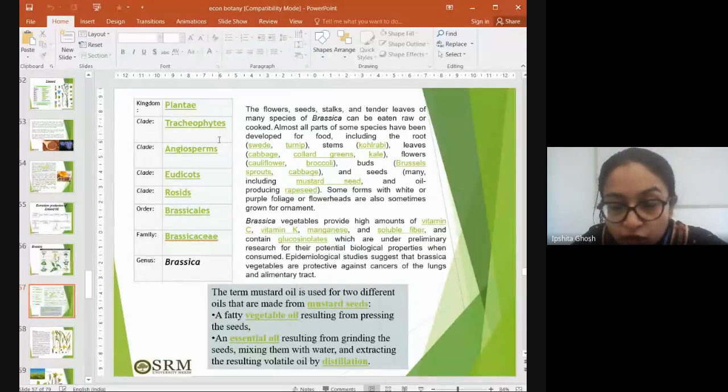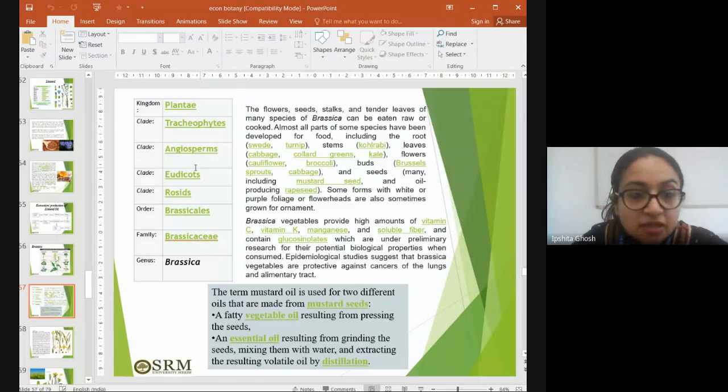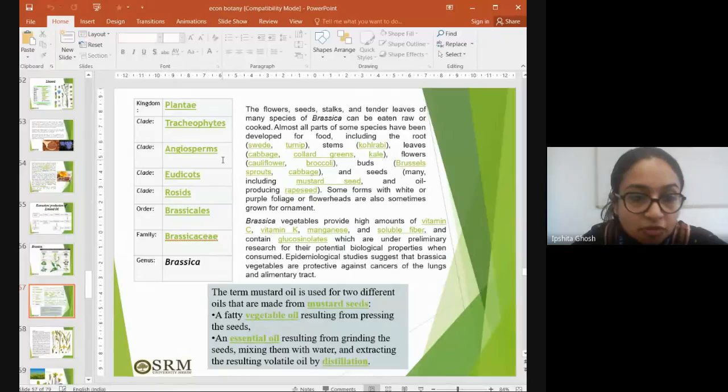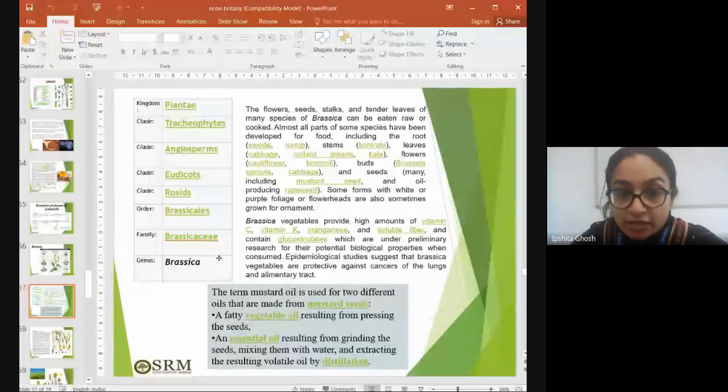They are tracheophytes because they have a developed vascular system. Then they fall under the angiosperms, then the eudicots. You do not need to know so much detail, but definitely the order is Brassicales, the family is Brassicaceae, and finally the genus is Brassica.